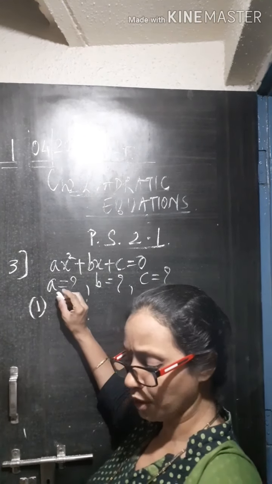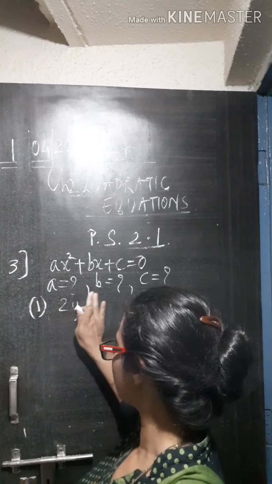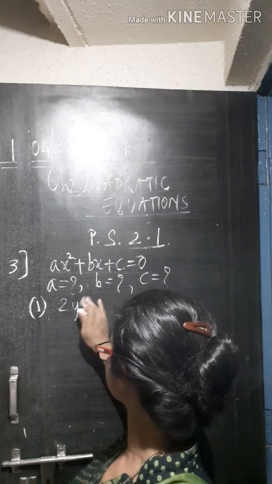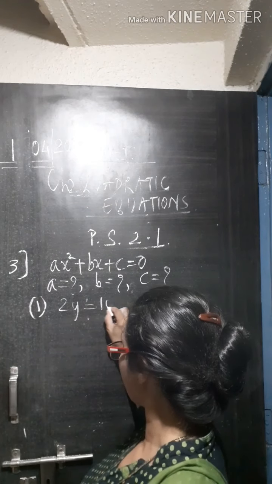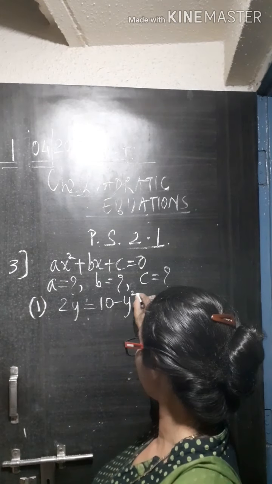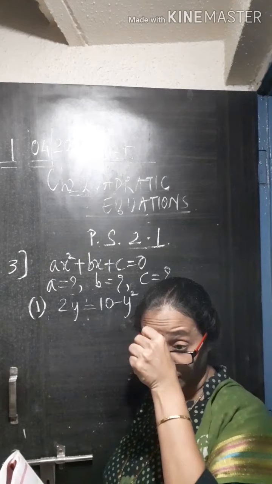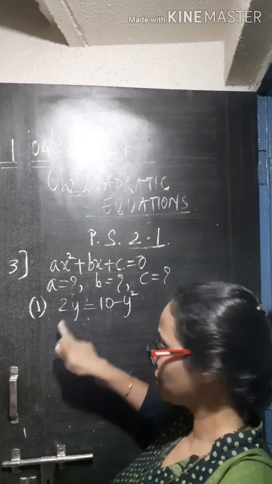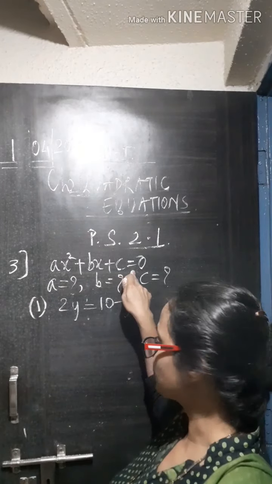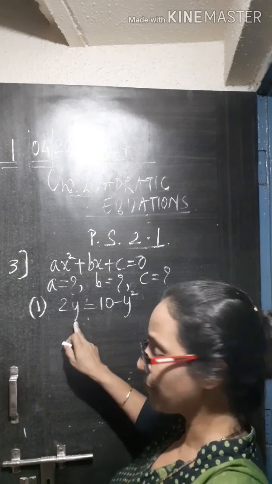The first one is what? The first question given is 2y is equal to 10 minus y square. We arrange this particular equation in the standard form.